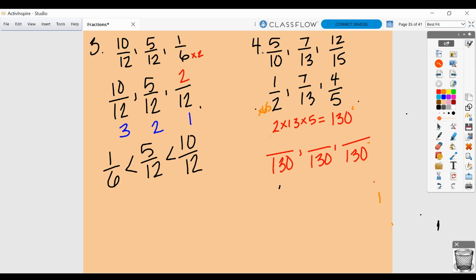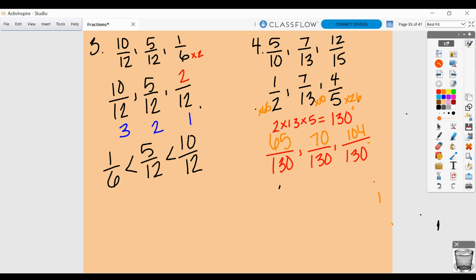So 1 times 65 is 65. 130 divided by 13 is 10. So take 7 times 10 and you get 70. And then 130 divided by 5 is 26. So take 4 times 26 and you get 104.